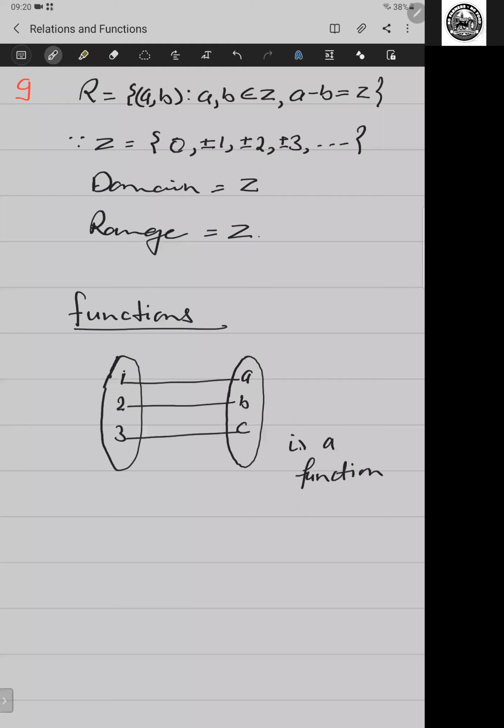This is a function. In the same way, I'll go through many conditions in which they are functions, then give some examples which are not functions, and then I'll explain the proper definition.